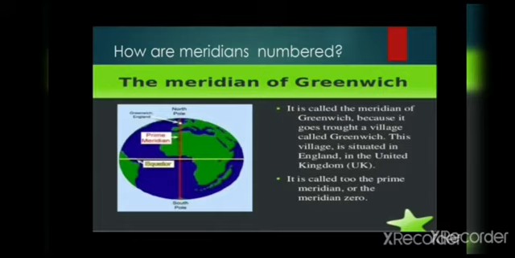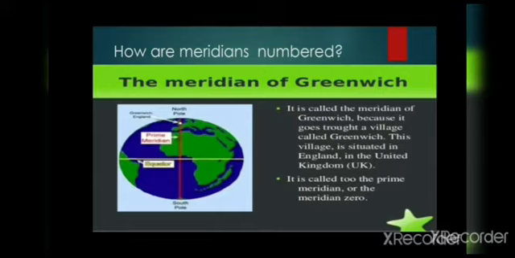The longitude of a place is measured east or west of the prime meridian. Like parallels, meridians are also drawn at intervals of 1 degree. If we move away from the prime meridian toward the east or the west, we reach halfway round the earth at 180 degrees.